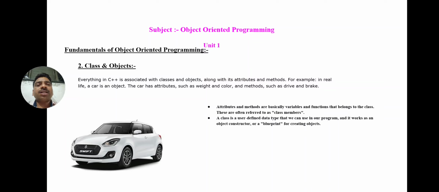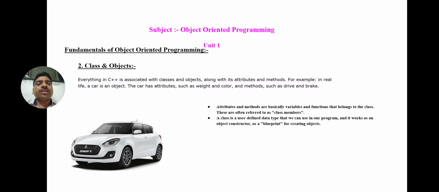And for accessing all these things, that is, the data members as well as member functions, you use an object. So everything in C++ is associated with classes and objects along with their attributes and methods.